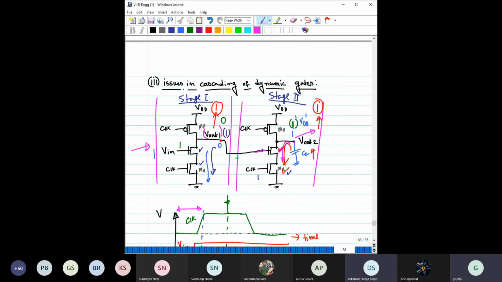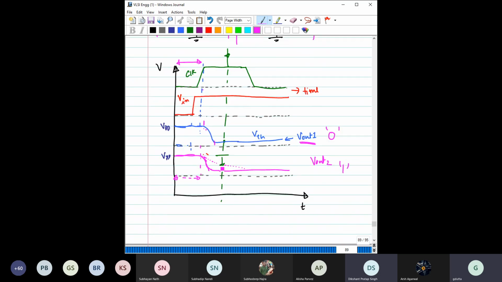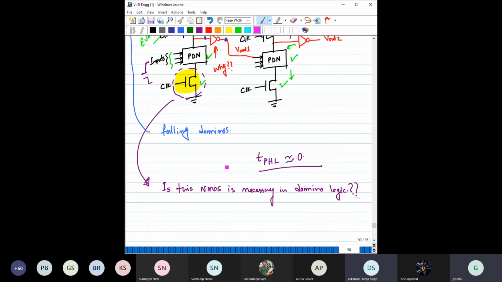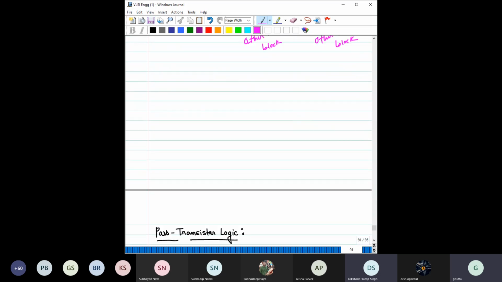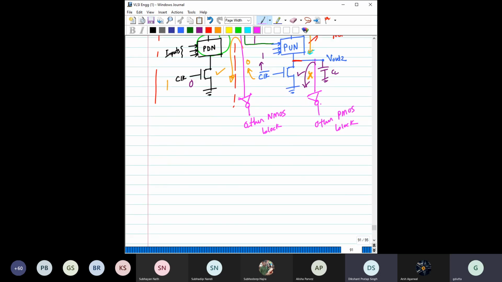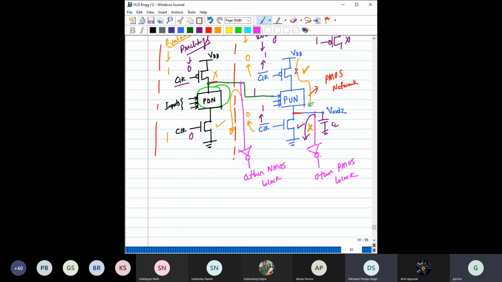Where will we take the connections from? Is it from here, like for an inverter, or from here? With this, I would like to end this dynamic logic part. I will also encourage you to please read it from the book, so that if some doubt arises at later stages, you can always ask.